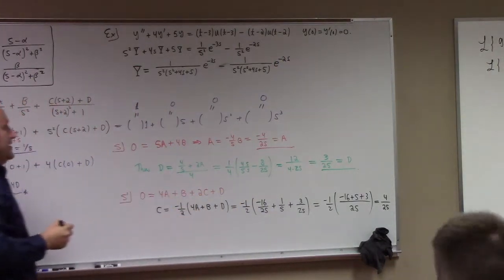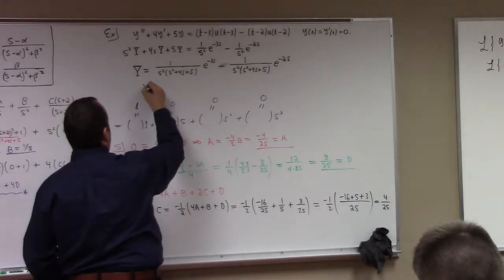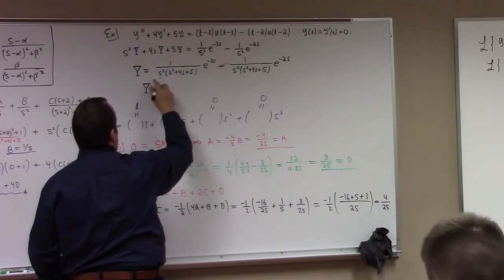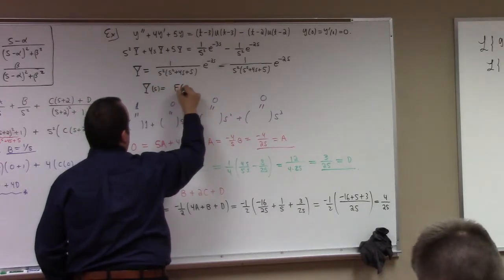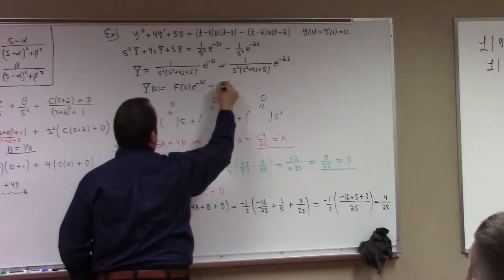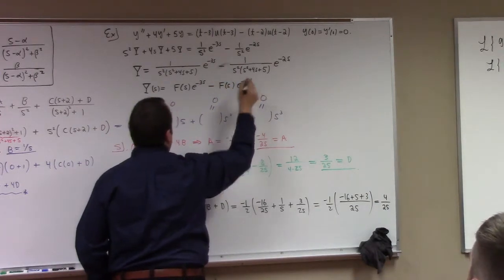So you can recognize what we're looking at is what? Let's put it in terms of my previous name calling. We've got Y(s) equal to F(s) e to the minus 3s minus F(s) e to the minus 2s.